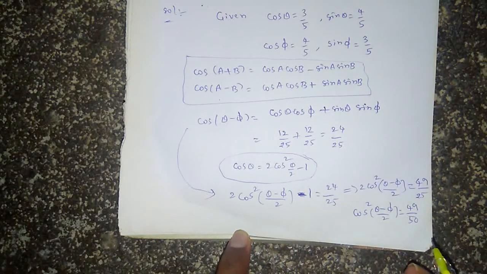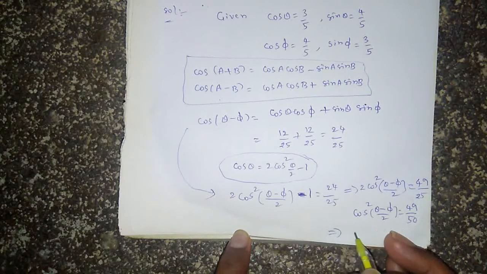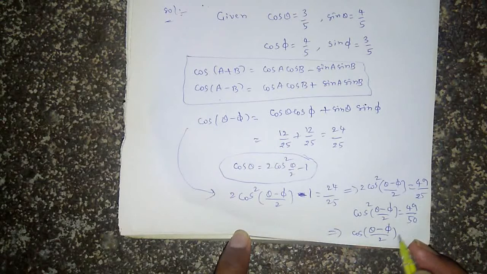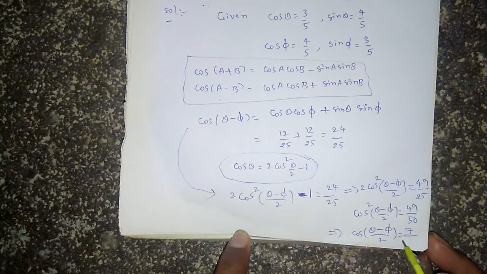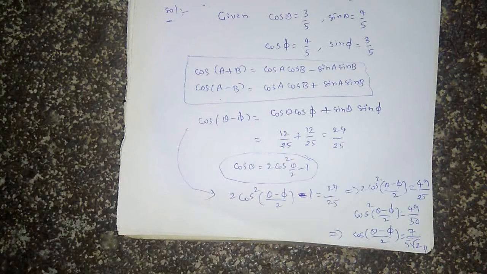Now apply square root on both sides, so we will get cos of theta minus phi by 2 is equal to square root of 49 is 7, square root of 50 is, that is 25 into 2, so you will get 5 root 2. So that is the required value.